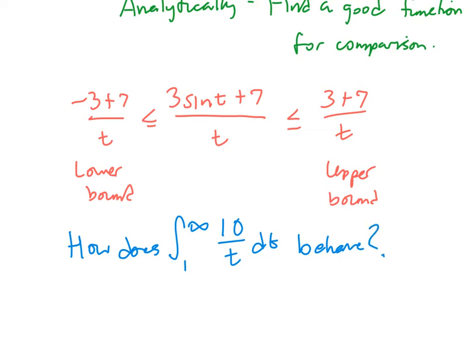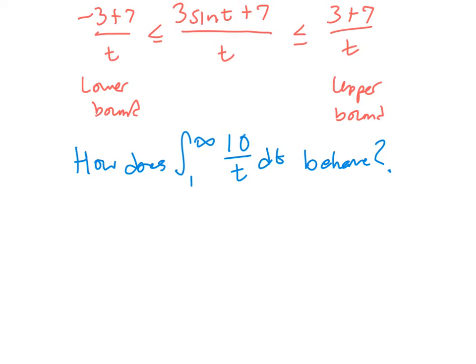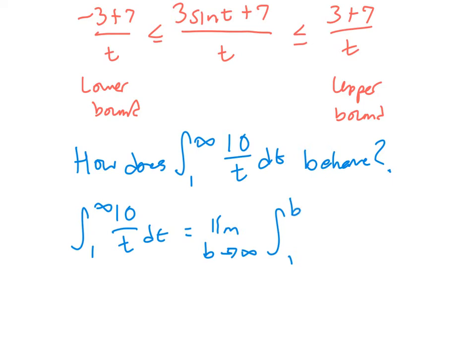Well, I can compute that one directly. That's the limit as b goes to infinity of the integral from 1 to b of 10 over t dt, which is the limit of the antiderivative of 10 over t, which is 10 natural log of the absolute value of t.